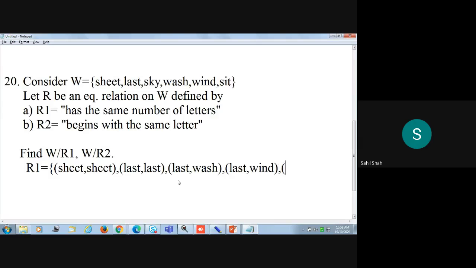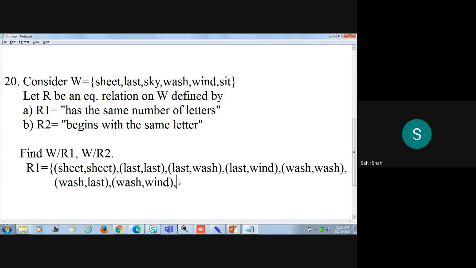In the similar manner, I can have wash corresponding with wash. In the similar manner, you could have the reverse. That means wash will relate with last. Again, wash will relate with wind. That is perfectly fine.